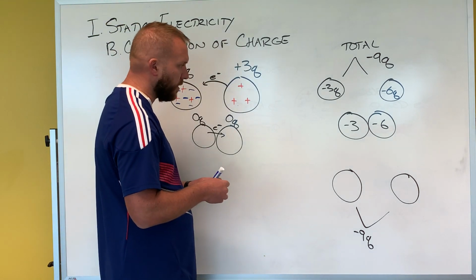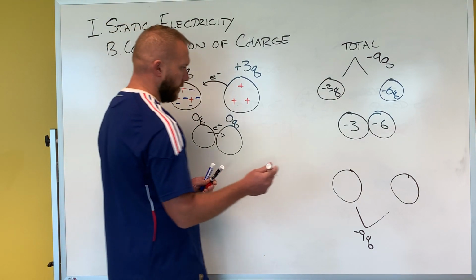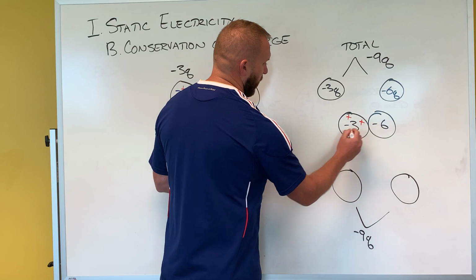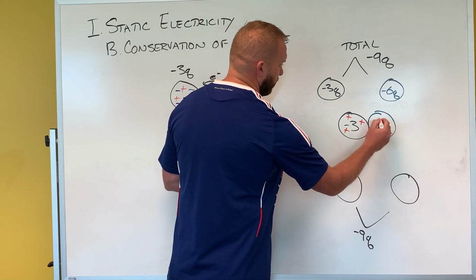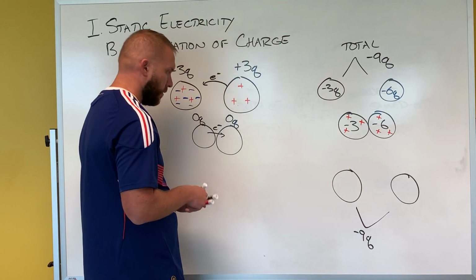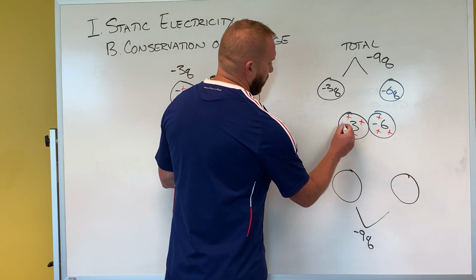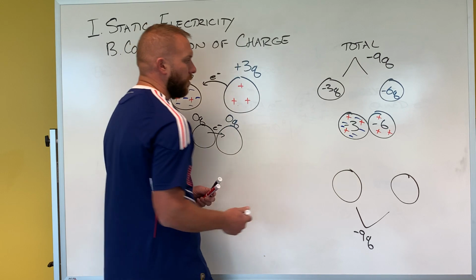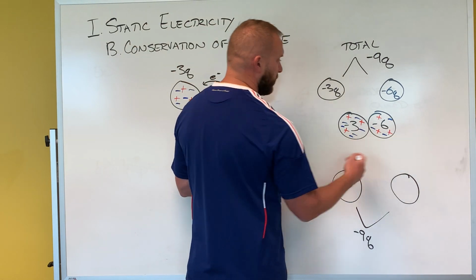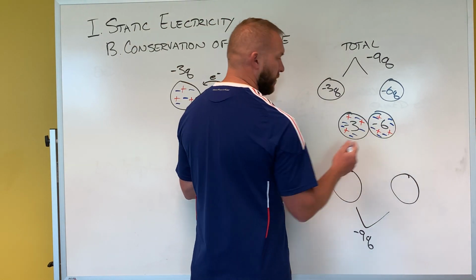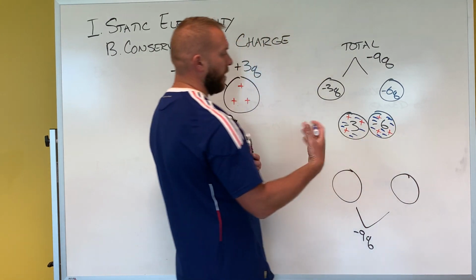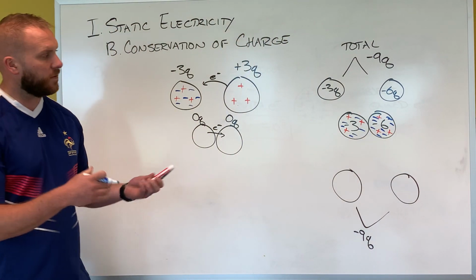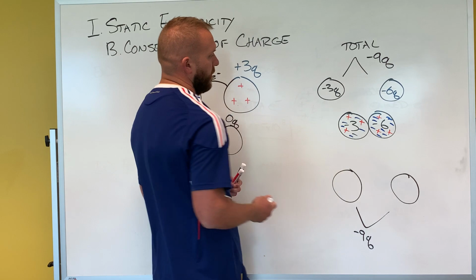If we think about this in terms of our protons and electrons, this one has three electrons, 4, 5, 6, that gives me an additional 3. This one has 1, 2, 3 to neutral, 4, 5, 6, 7, 8, 9. So it has twice as many excess electrons as this one here.